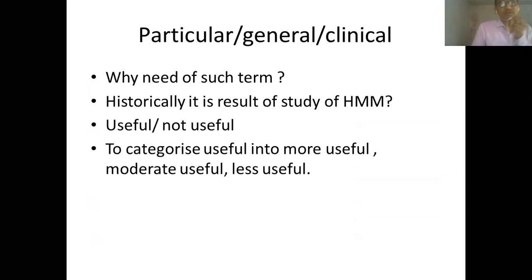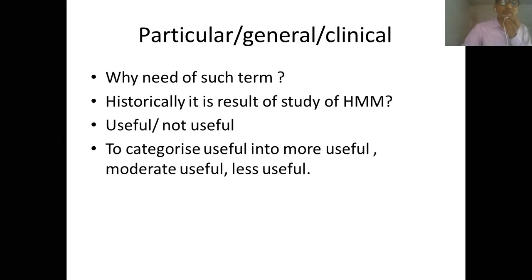Now, before going to the understanding of these symptoms, we will first understand why the need for such terminologies was basically felt. To find out the answer, we will have to go back to the history of materia medica, and we will have to study how the various methods of study of homeopathic materia medica evolved.